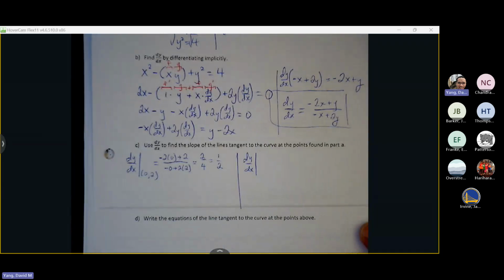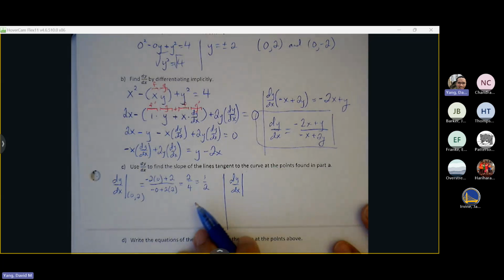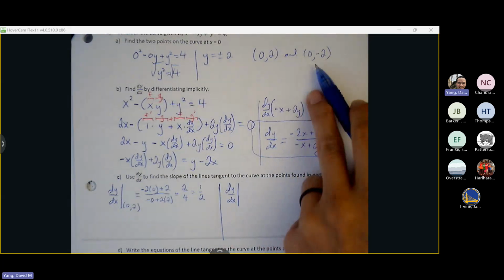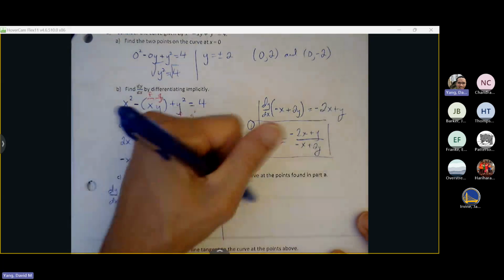Okay, so I get 1/2 as the slope for the point (0, 2), for the ordered pair (0, negative 2).